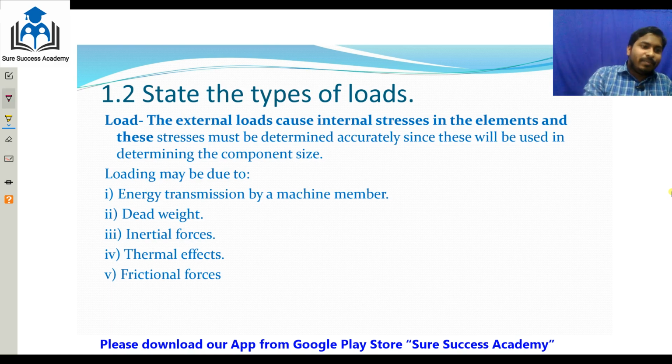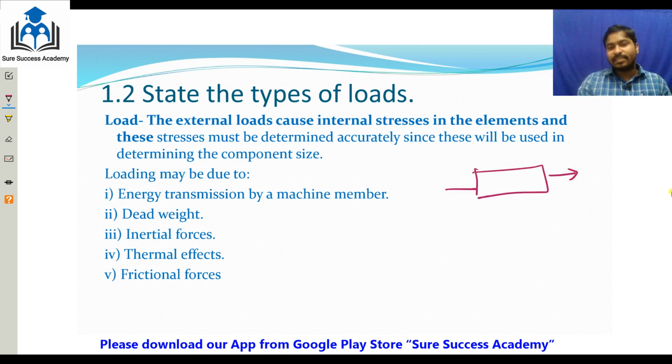Suppose this is a material and you apply a load like this, an internal resistance will be developed inside. Suppose you are applying P, so a resistance is developed inside. But what is the load? You can say the load is the external force. This is the external force.